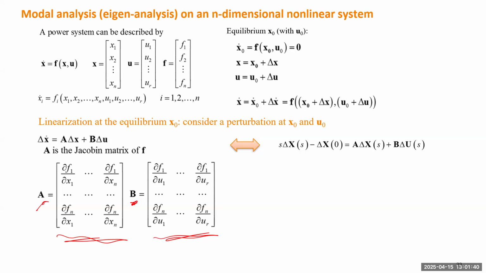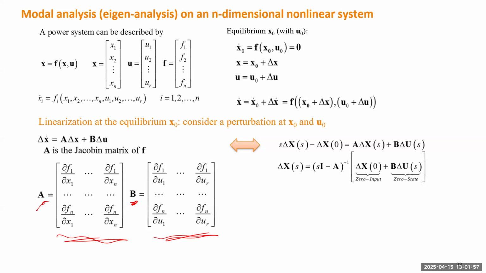Remembering for the single machine infinite bus system, we solve the zero input and zero state responses. Then we combine them, and that will give us a general solution of the state. Here we can do similarly, because now it's a linear model.